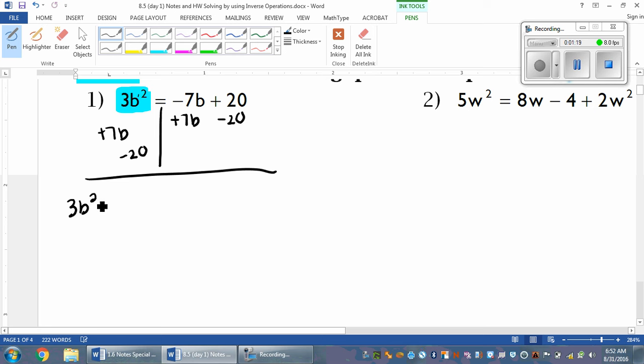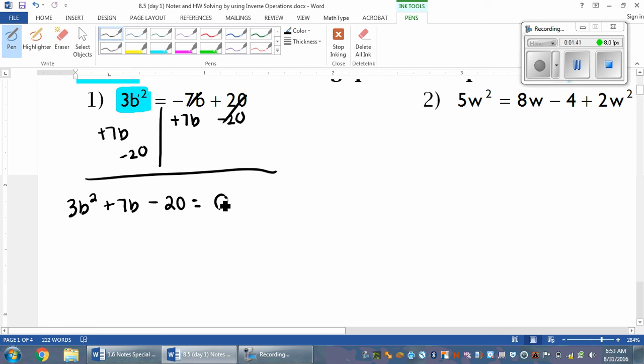First, put 3b squared plus 7b minus 20. Don't forget the equal sign drops down. And then everything equals 0. There we go. Do not forget the equal 0.